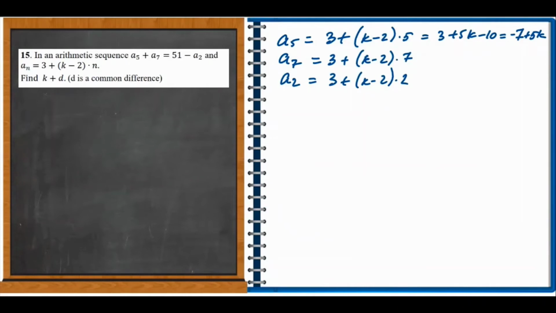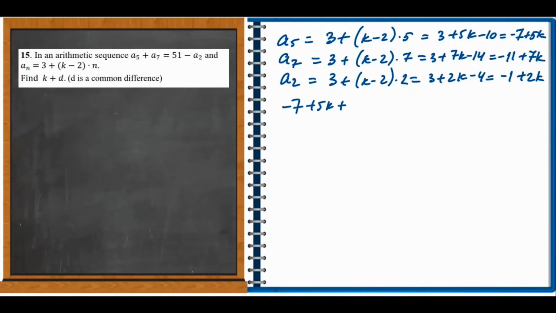This is equal to 3 plus 7k minus 14, and that's negative 11 plus 7k, and 3 plus 2k minus 4, and this is negative 1 plus 2k. Now let's substitute them into the given equation. It will be a5, which is negative 7 plus 5k, plus a7, which is negative 11 plus 7k, equals 51 minus (negative 1 plus 2k).